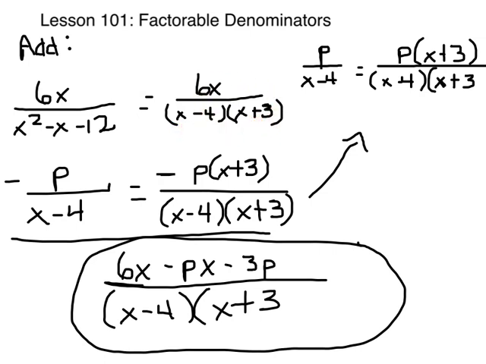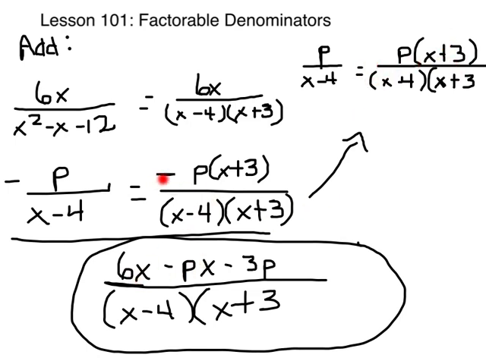Alright, now, this little guy, we're going to take him up here for a minute, and we are going to multiply. We're going to distribute this p over both of these. This is going to have to be px plus 3p.